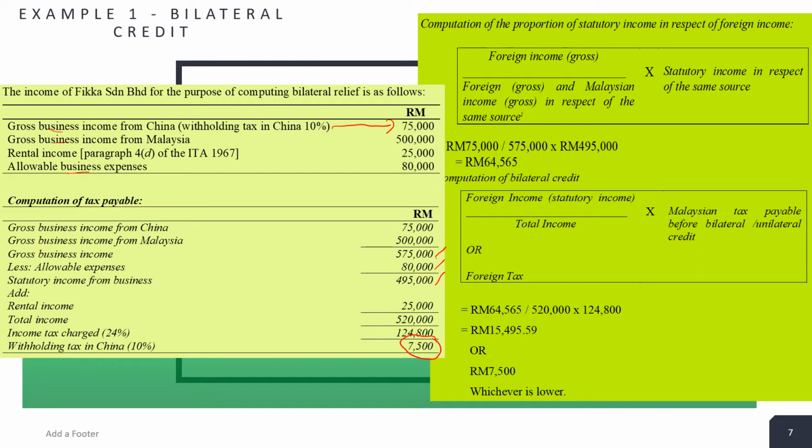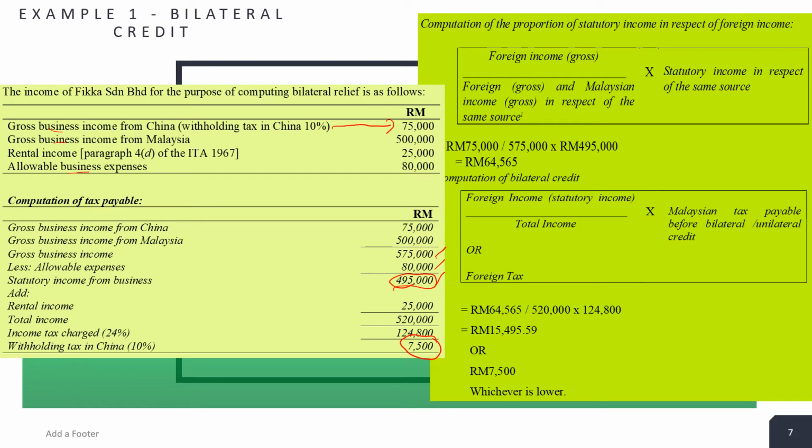Now the formula for relief is foreign income, SI. Here we only know the gross foreign income. We do not know the SI. The SI here is total. Therefore, we need to split this total to China.